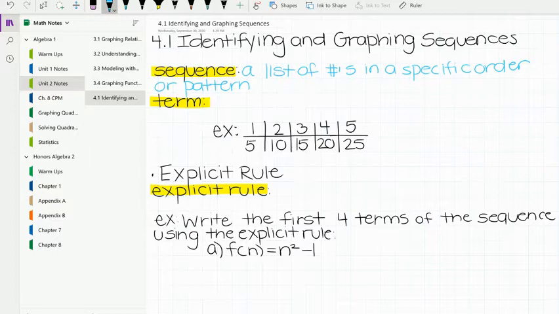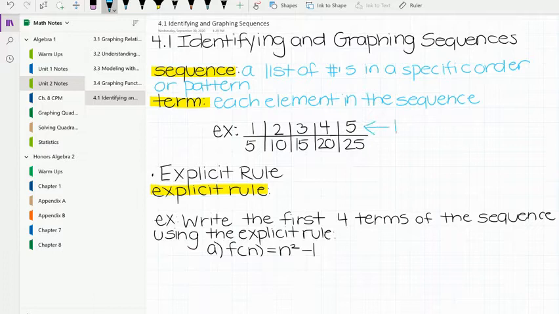A term is each element in the sequence. So those are the actual numbers in the sequence. So the sequence is the whole thing and the term is the actual number. So here we have a table which lists a sequence.